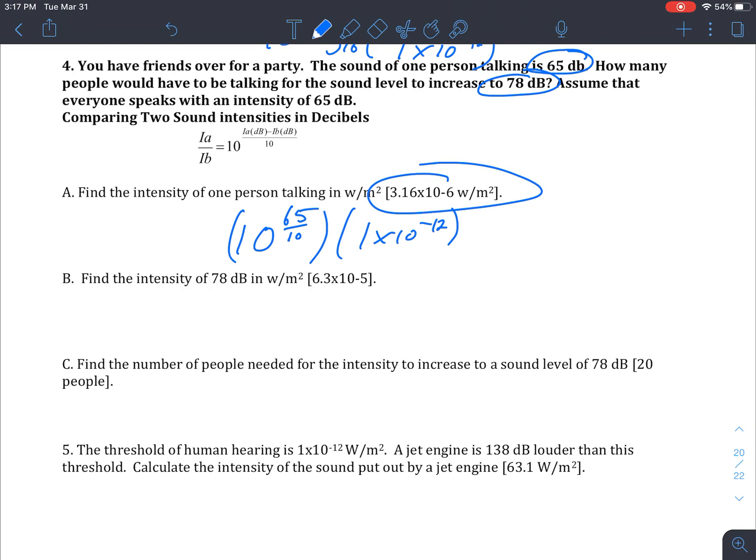And then when we would exceed that possible maximum of 78 decibels, what would that look like? So 10 to the 7.8, or 7 over 10 times our lowest limit. And we get this.